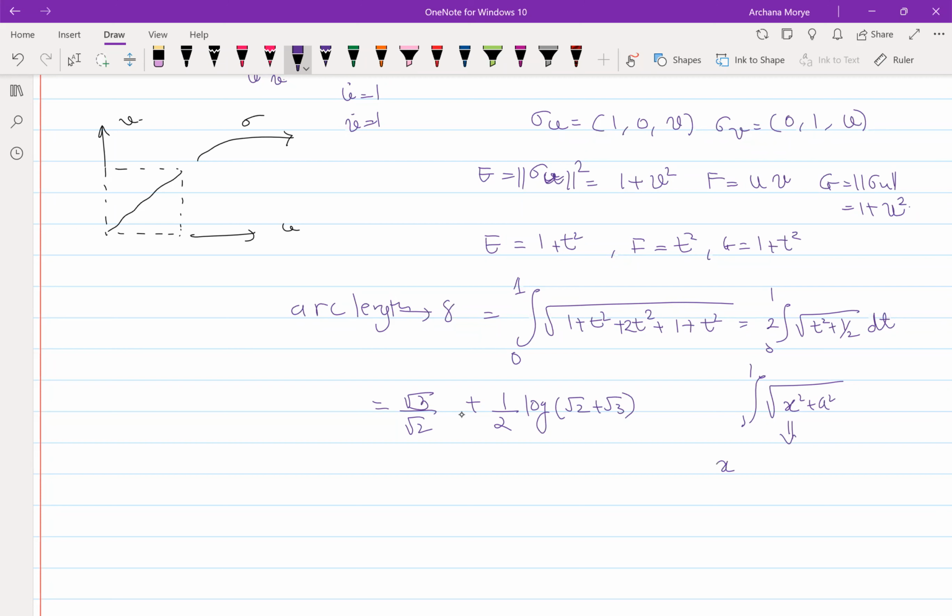I think it is x times the square root of x square plus a square, divided by 2, plus a square by 2 times log of x plus the square root of x square plus a square. I think like this. I don't know whether this is a or square root of a. Maybe whatever. Just check this and substitute and find out. Okay, this answer you will get. So now you understand how to calculate arc length in general if your curve is given to you. Is this okay?